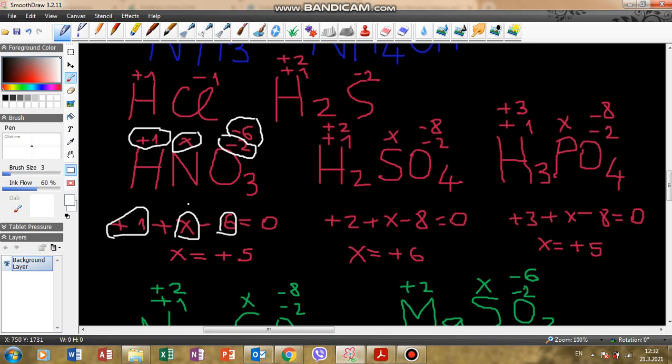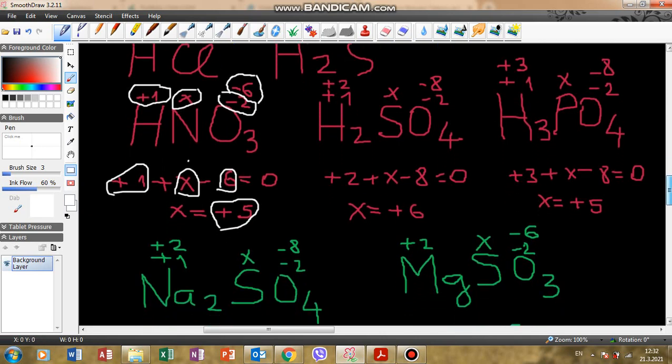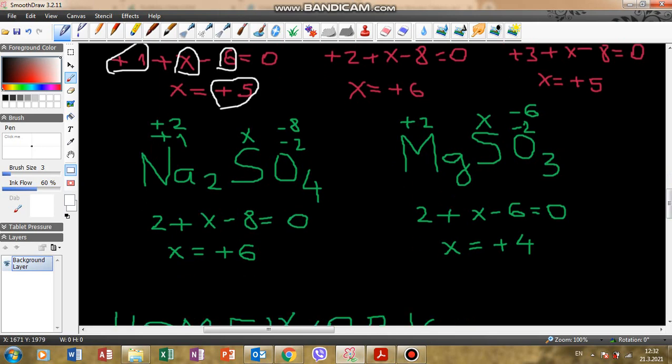And here we have calculated the particular charge, or the oxidation state, of the nitrogen atom as +5.